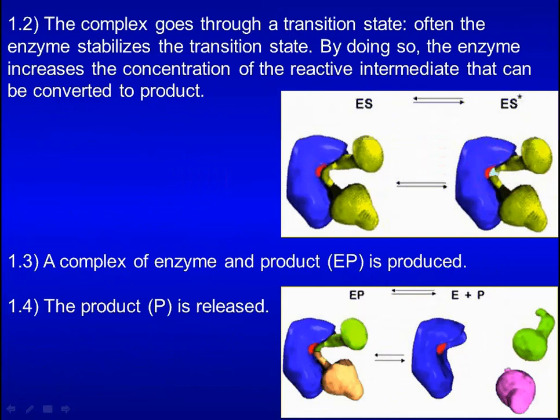As a result, the enzyme increases concentration of the reactive intermediate that can be converted to product. Substrate is converted to product, and then the enzyme product complex form. Finally, the product is released.